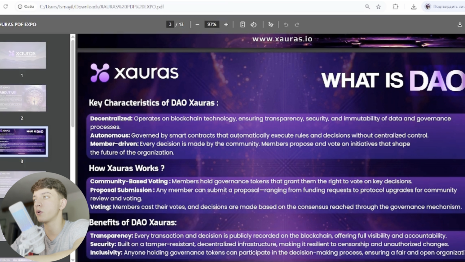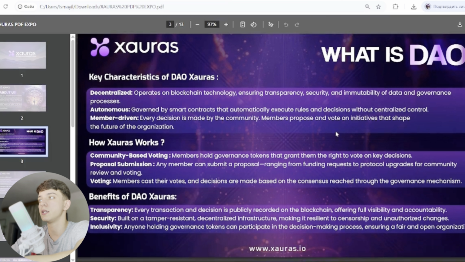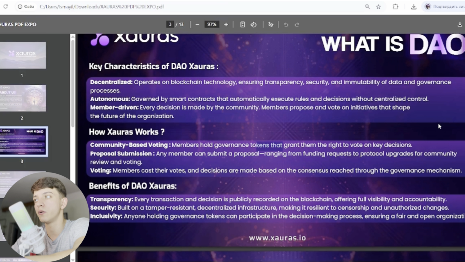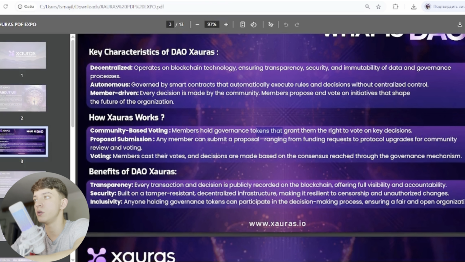So how Xauras works: there is community-based voting, where members hold governance tokens that grant them the right to vote on key decisions, and proposal submissions, where any member can submit a proposal ranging from funding requests to protocol upgrades for community review and voting.